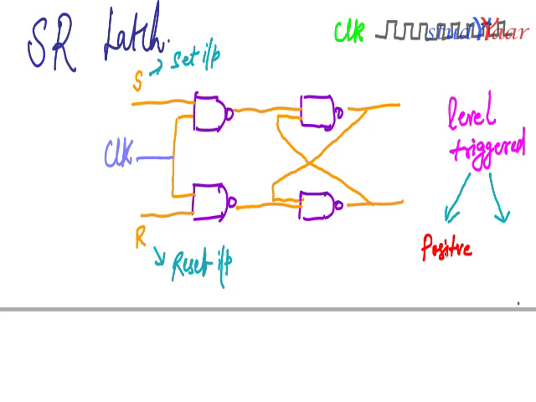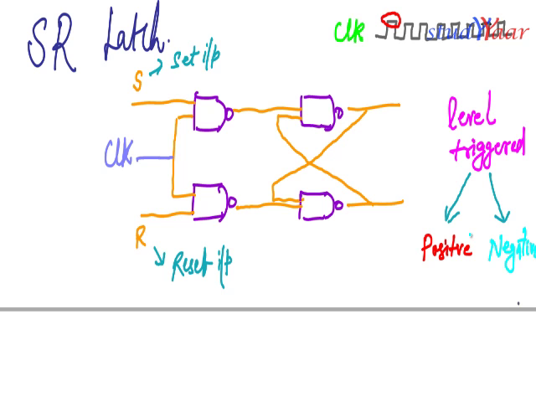When you have a positive level triggered latch, it means your latch is going to work when your clock is at a high signal, at a high level. And you have a negative level triggered latch, which means I'm going to write negative.